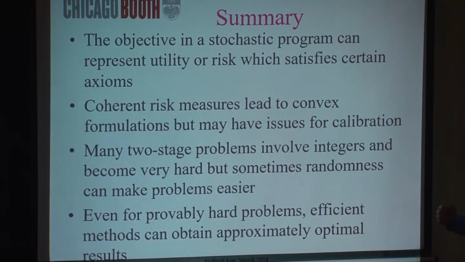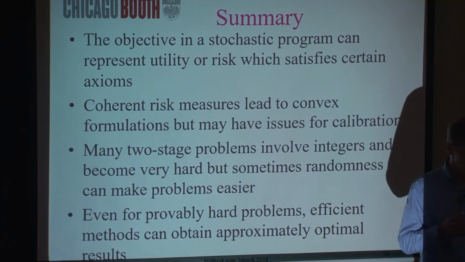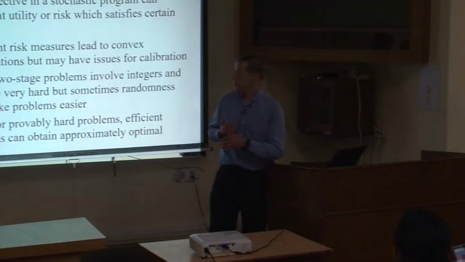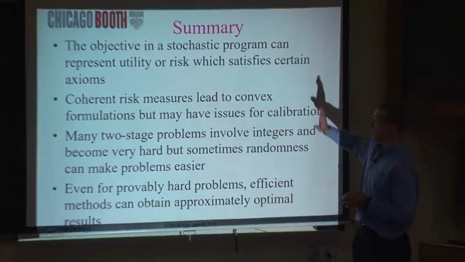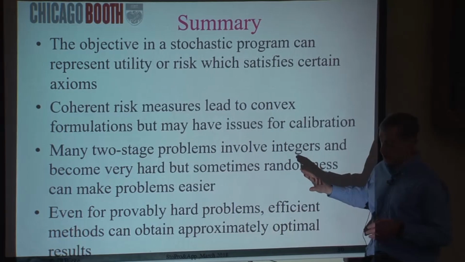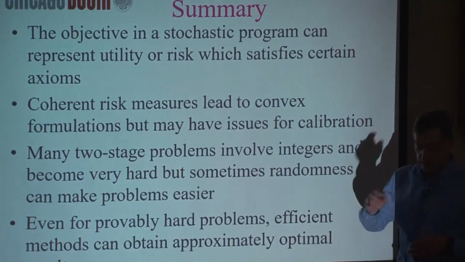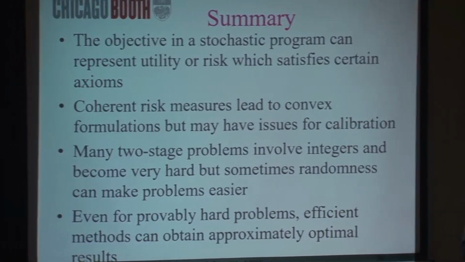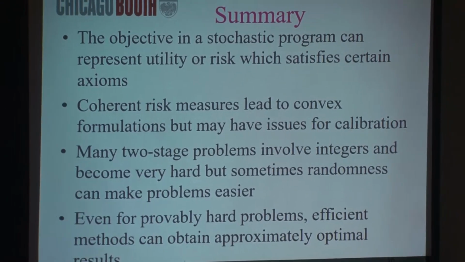Okay, so those are the parts about the two-stage models: the utility functions, integer variables, and complexity. What I'll talk about in the next session will be the multi-stage models.